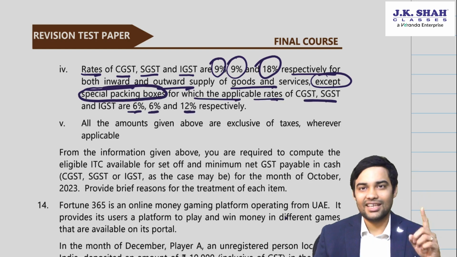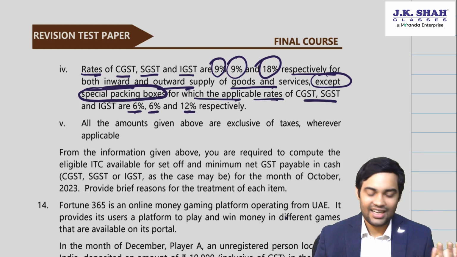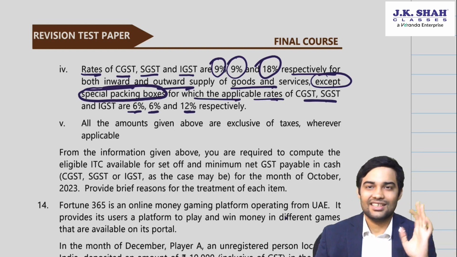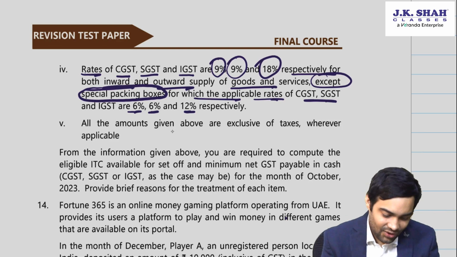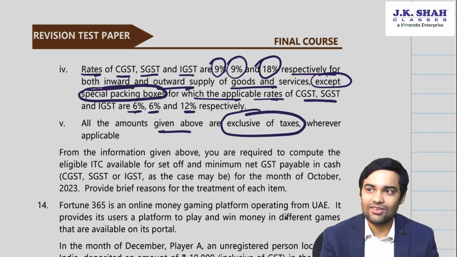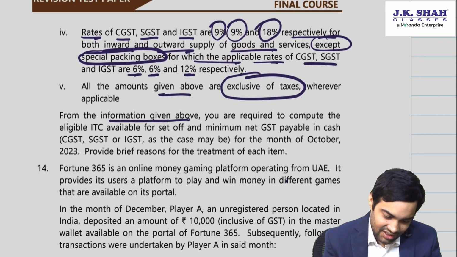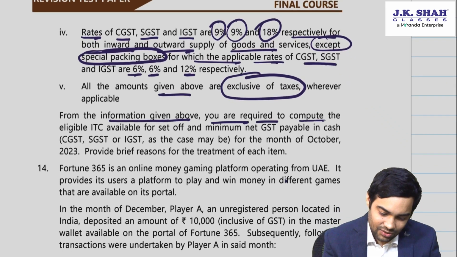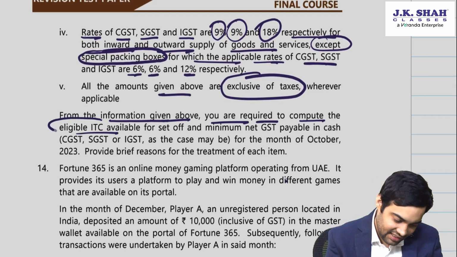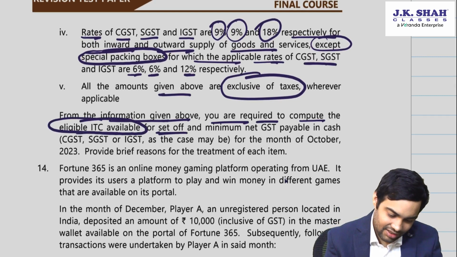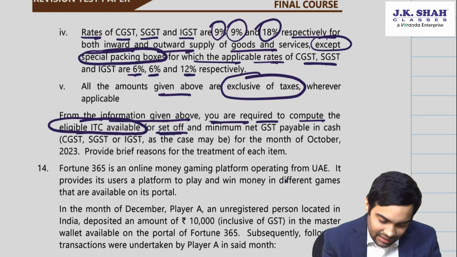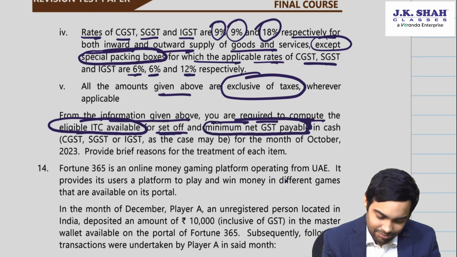So special packing has 6, 6, 12 and normal 9, 9, 18. Okay. All amounts given are exclusive of tax. Very well. From the information given above, you are required to compute the eligible ITC. So once is eligible ITC available for set off, and minimum net GST payable in cash.